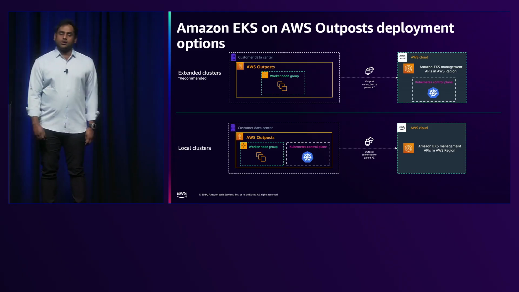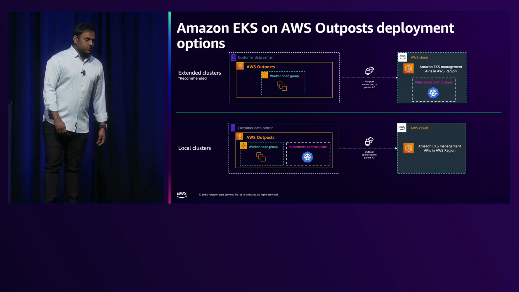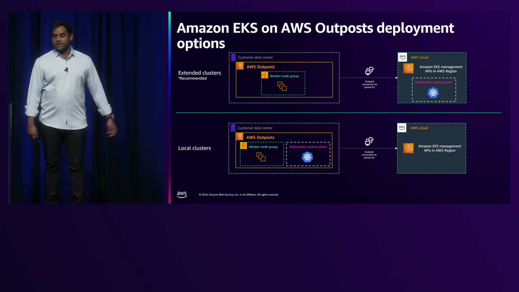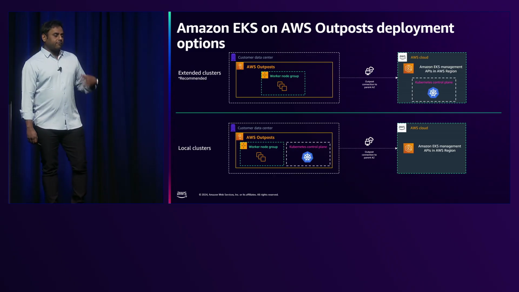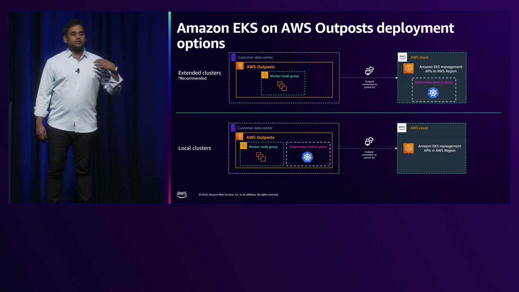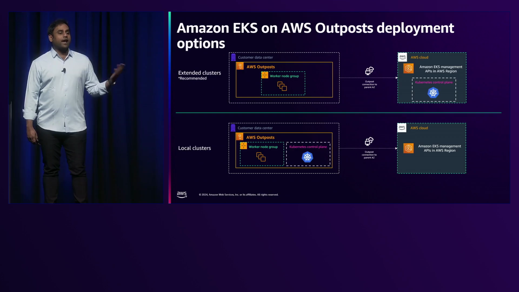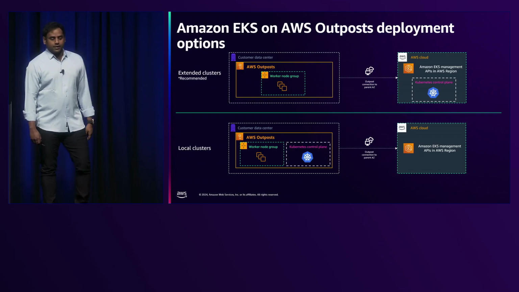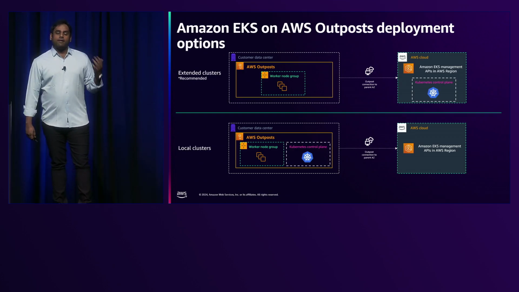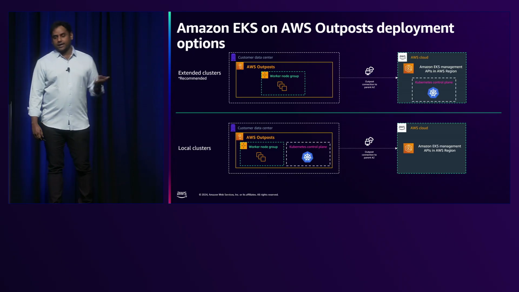The second model is the local clusters. This is aimed at specific use cases where we have listened to our customers, some of whom have deployment settings with unreliable network connectivity.